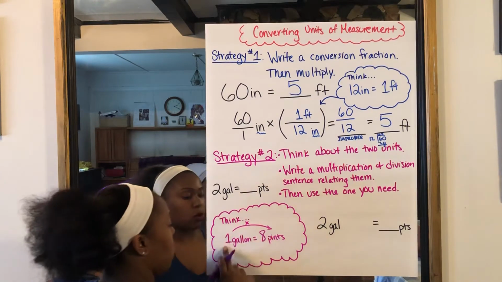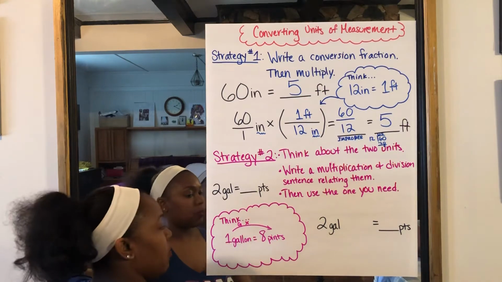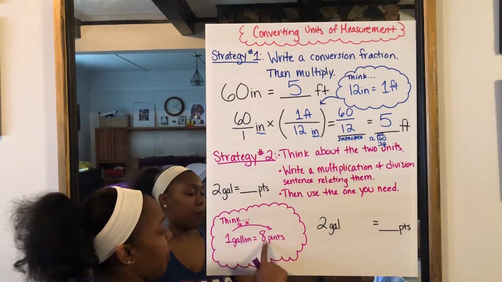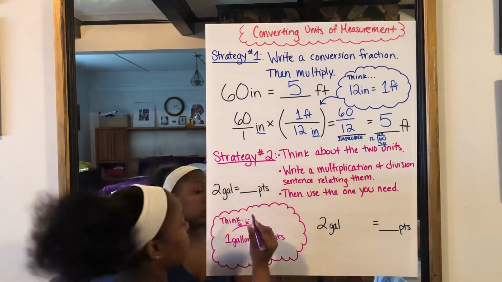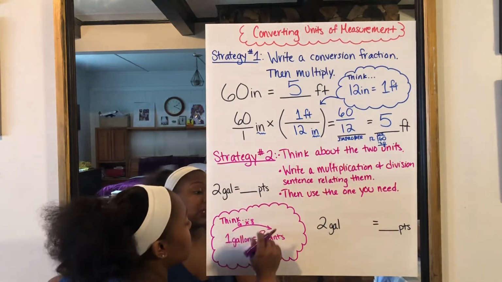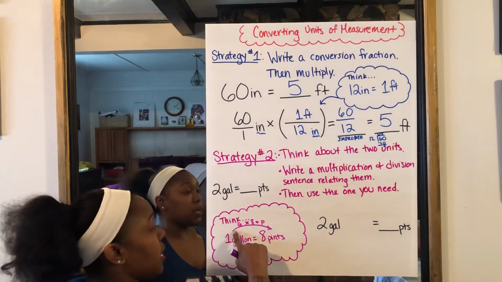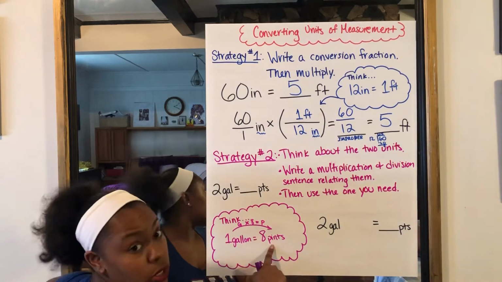What can we multiply the gallons by? I'm going to put a big G for gallon. Gallons, and to make 1 into 8, I'm going to multiply it by 8, right? Gallons times 8 equals pints. There we go. There is a multiplication sentence relating those 2 units.